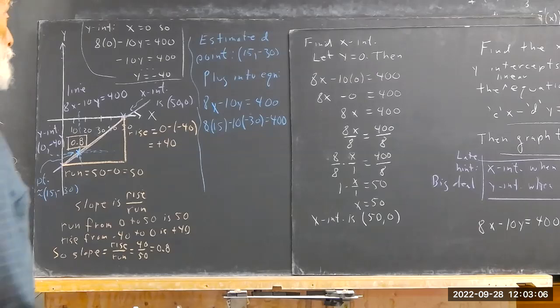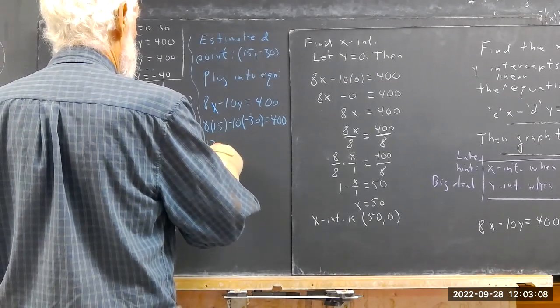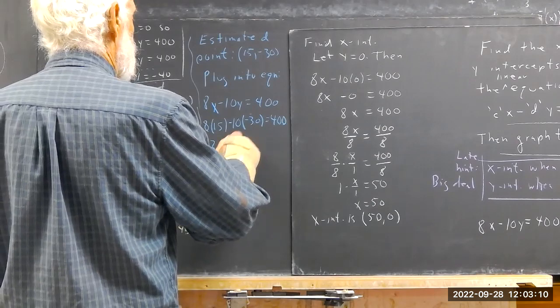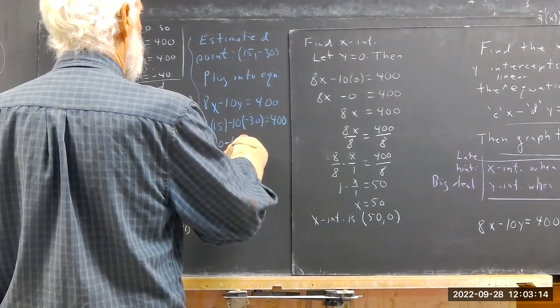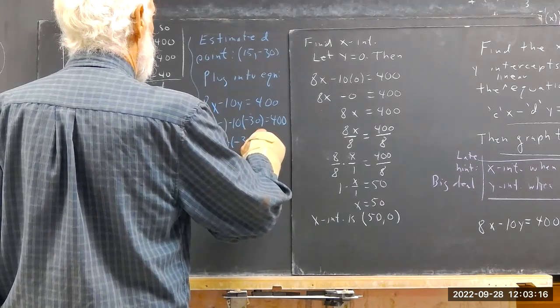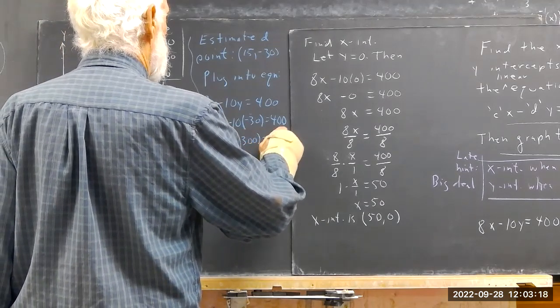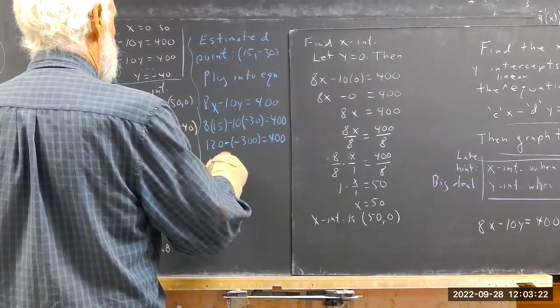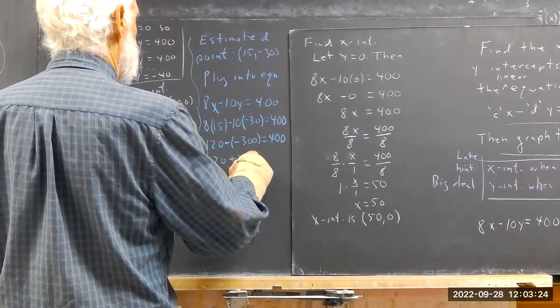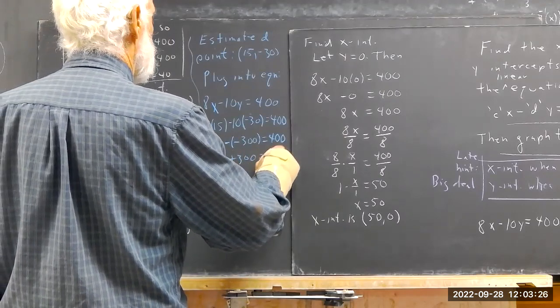Now we just do the arithmetic. 8 times 15 is 120. 10 times negative 30 is negative 300. So we have minus negative 300 equals 400. And then that gives us 120 plus 300 equals 400.